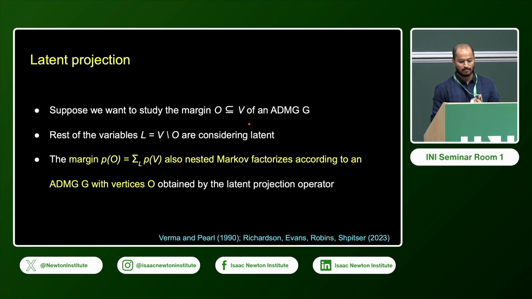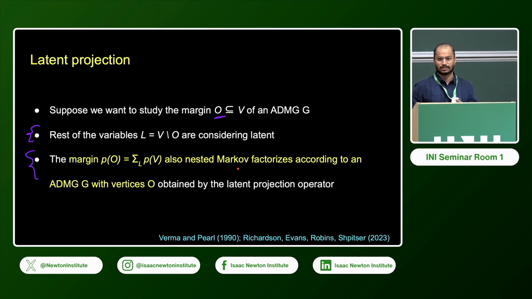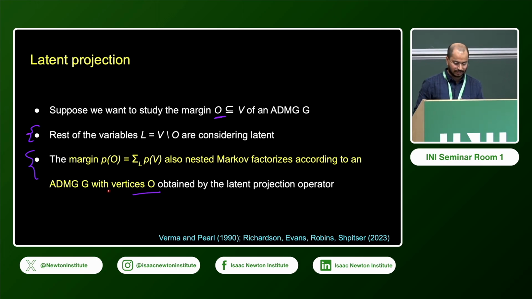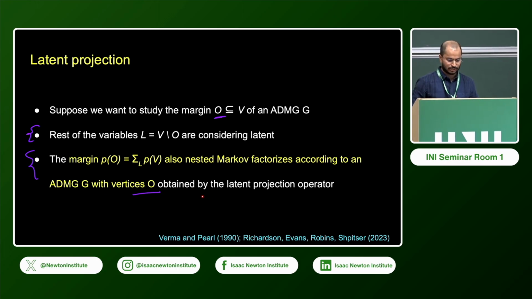If I want to study the margin of an ADMG, let's say I want to study O, which is some subset of V, the rest of the variables could be considered latent. It turns out the margin P(O) also satisfies the nested Markov factorization according to an ADMG with vertices O, and these are obtained by what's known as the latent projection operator. That was defined by Verma and Pearl in 1990, but this result in particular was shown in the nested Markov paper.